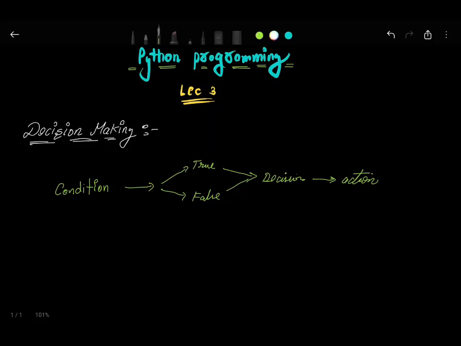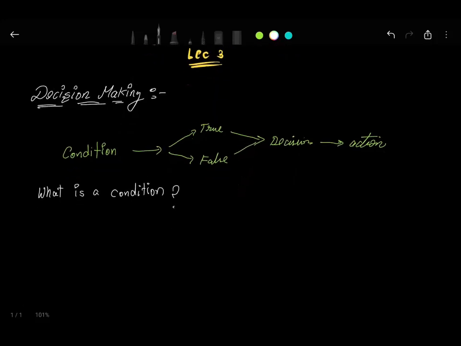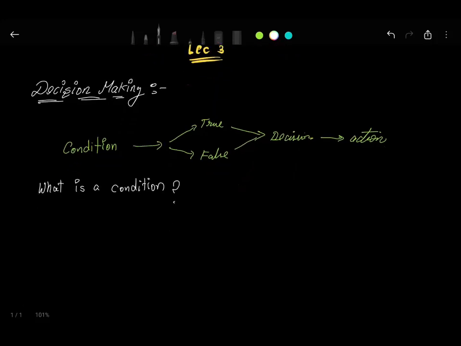So now, what is a condition actually? A condition is simply a question whose answer can only be one of two possibilities, whether it is true or whether it is false.